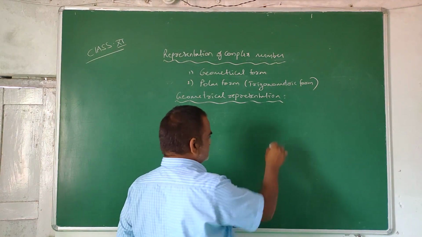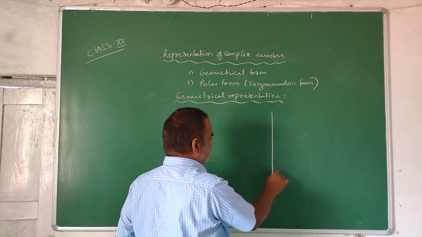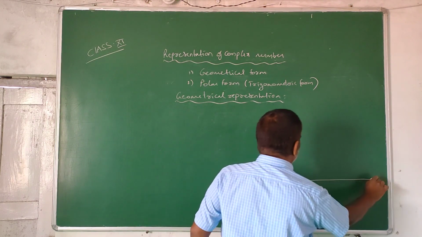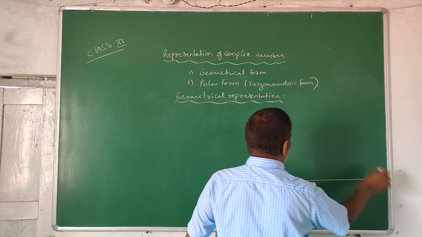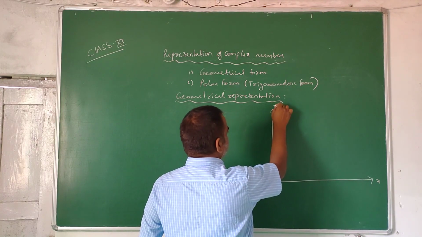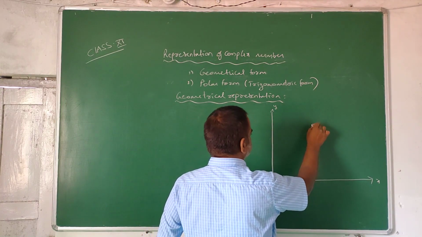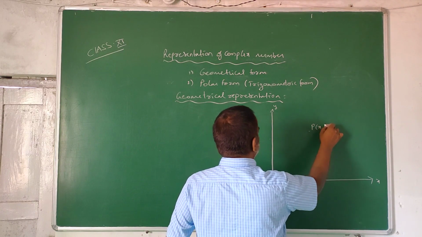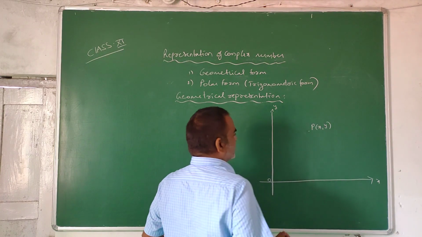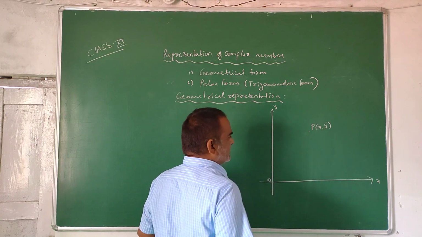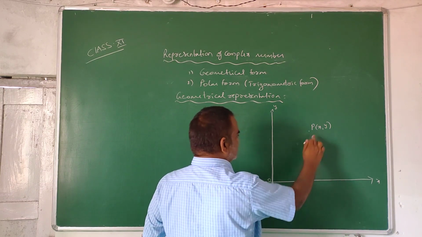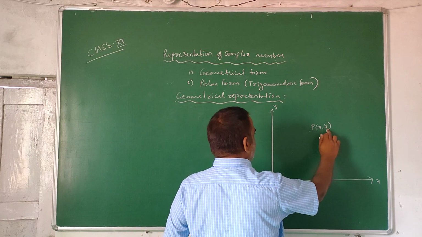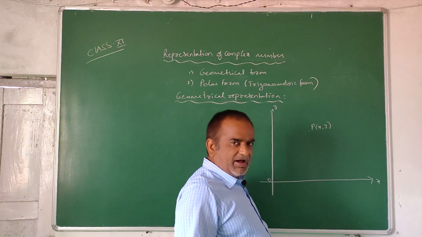So, geometrically a complex number is represented by an ordered pair of real numbers. It is very simple. Here x is called the real part, y is called the imaginary part.